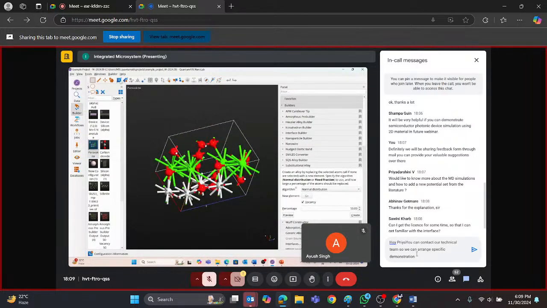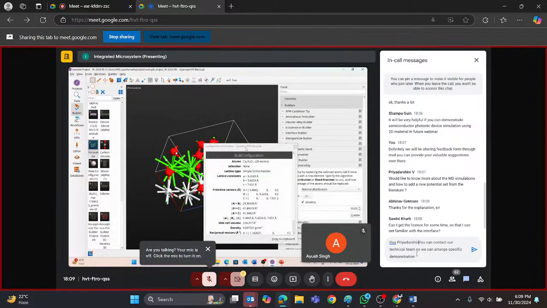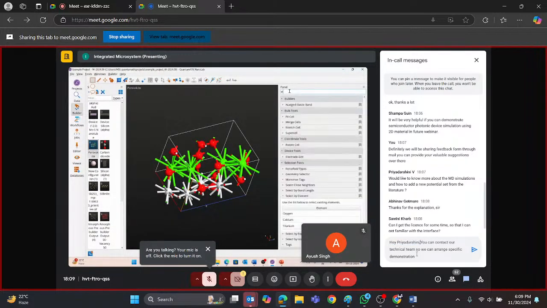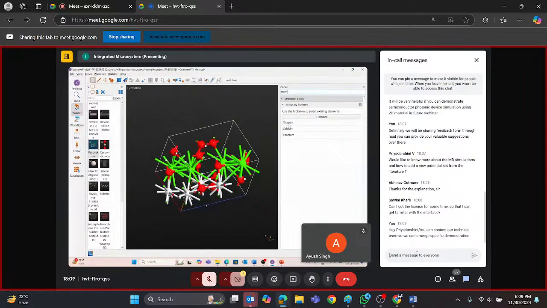and in this prescribed material you can see we have the calcium, titanium, and the oxygen. So first you can go with the selection of the element. Any of the elements you can select, then you can go to the substitutional doping. You can select this fixed fractional, and then you can define the percentage.